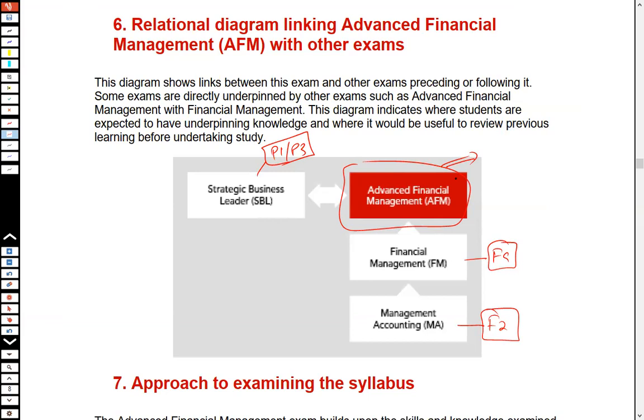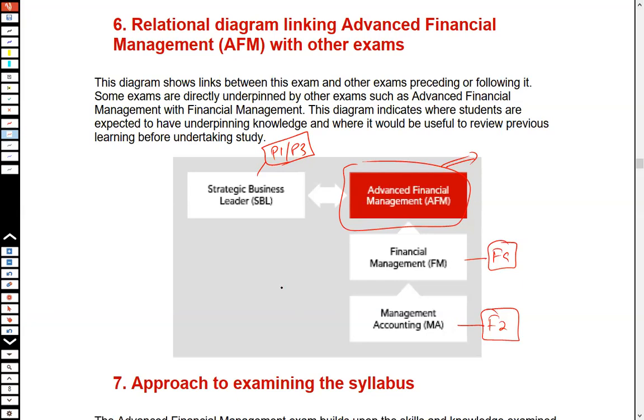For those who have not studied this paper, I personally think that they do have a lot of lacking in understanding the very core, the very basic, the very important concepts of advanced financial management. So we are going to be discussing this interesting paper: what exactly is this paper all about? What are the syllabus areas? How is the paper examined? What are the things that we would have to cover in order to be ready for this specific paper?